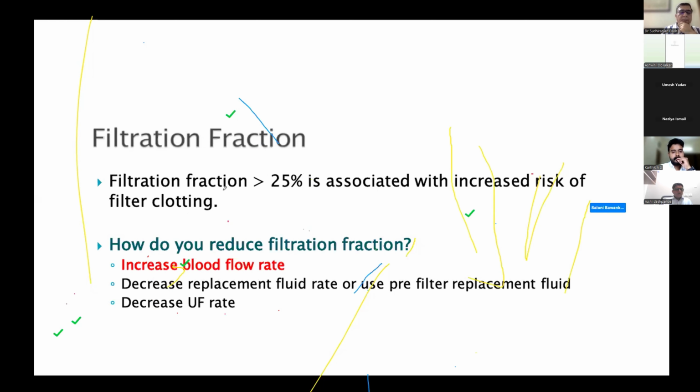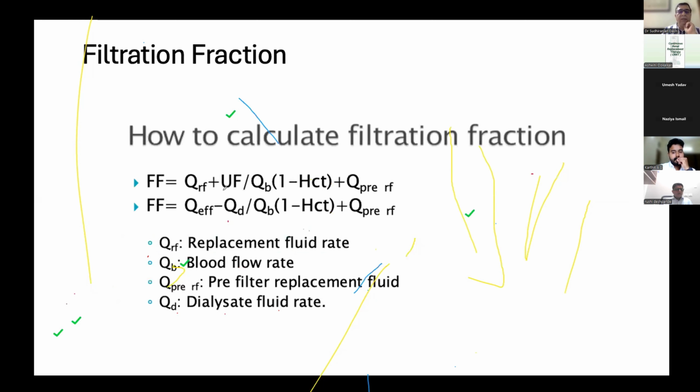So how do we reduce the filtration fraction? You must have seen the equation. The filtration fraction can be reduced if you reduce the ultrafiltration or the replacement fluid. But if the patient requires that much replacement fluid and ultrafiltration, the nephrologist will not be satisfied with reducing it further.